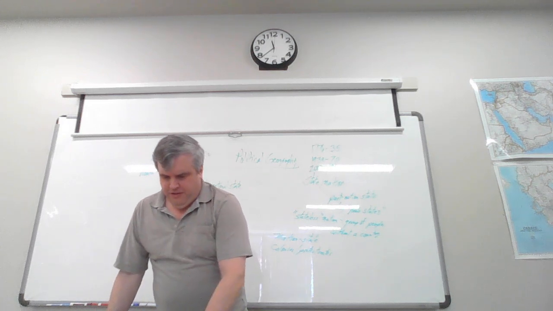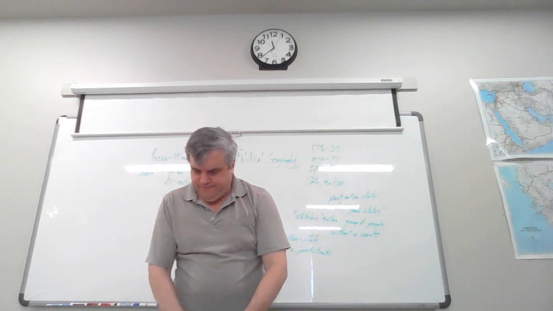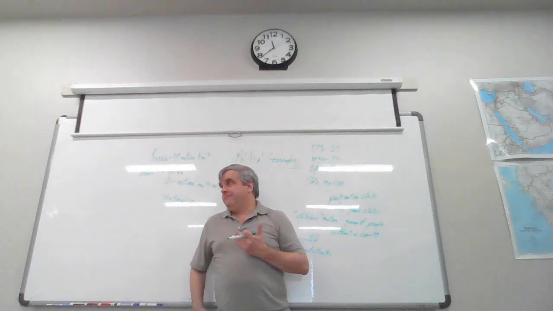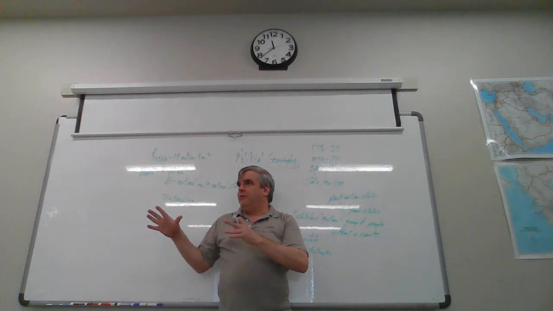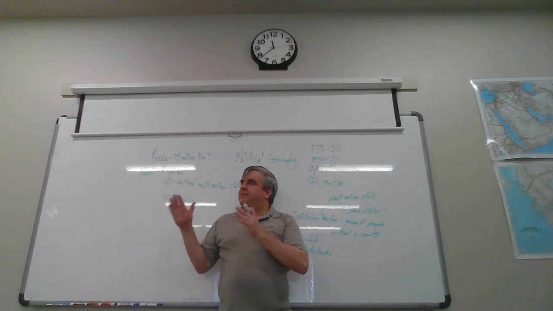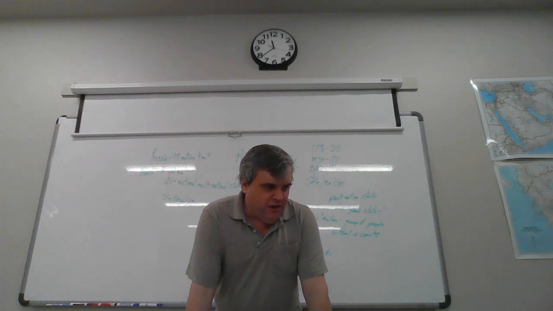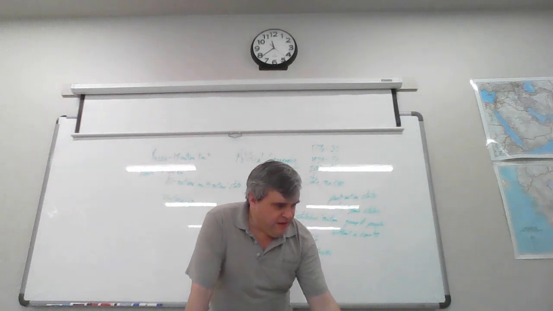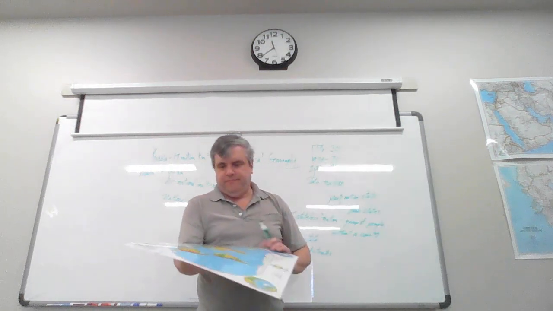This is another important idea about political geography: how boundaries are created, and also why they're created. I see maps around the room here, what they call political maps. They show not just natural features, but also the political divisions between one government and another.